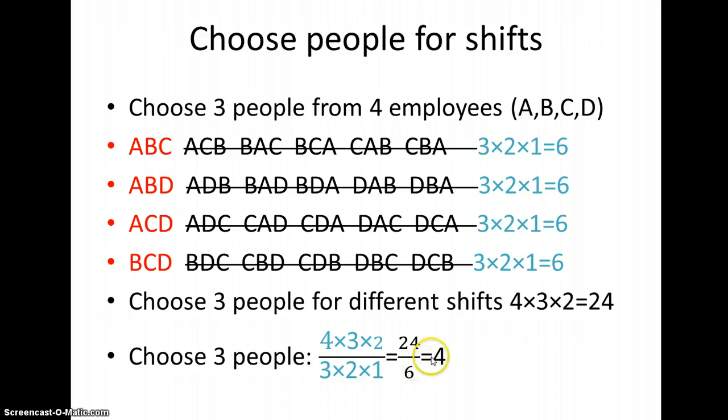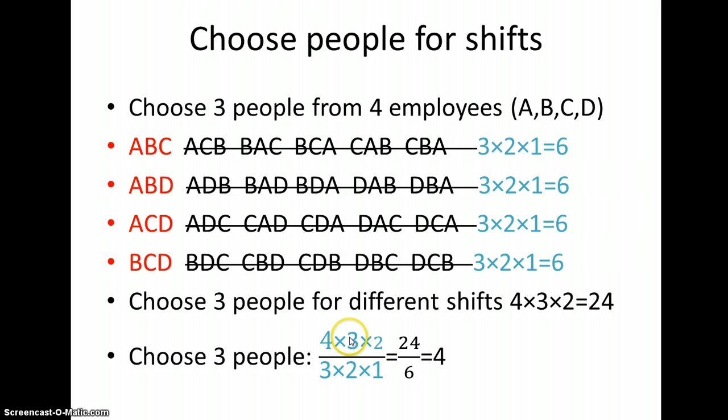So the general formula is, how do we get the top in the fraction? The top, if you have 4 people, and when you do permutation, you will start with 4 and then 3 and then 2. So you need 3 numbers because you have 3 shifts you want to do. So of course you will have 4 times 3 times 2, 3 numbers, and 3 steps.